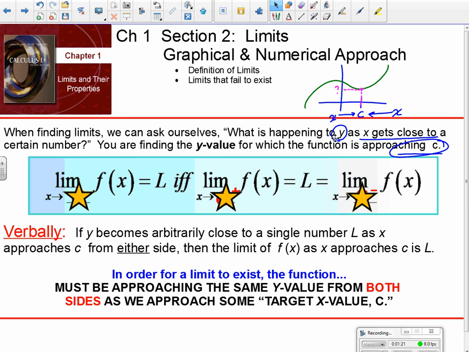In order for a limit to exist, two things have to be true.